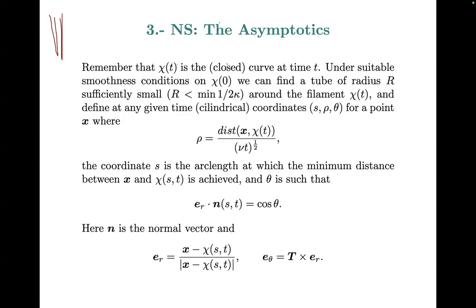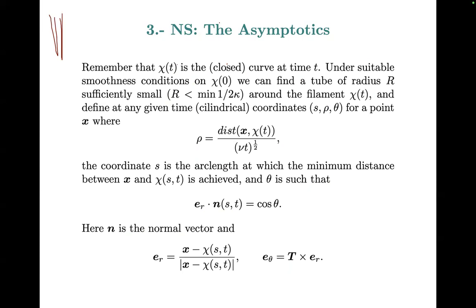And then, of course, as you see here, ER is the position operator. So it is x minus chi divided by the distance, where s is the arc length parameter, which gives the closest point to x in the curve, something that exists because you have the tubular neighborhood.